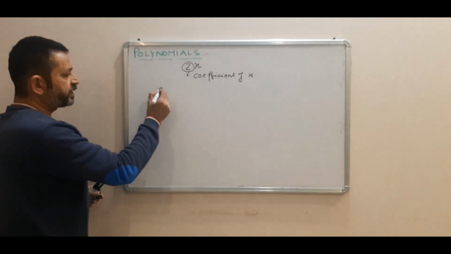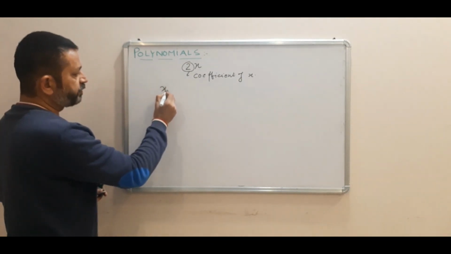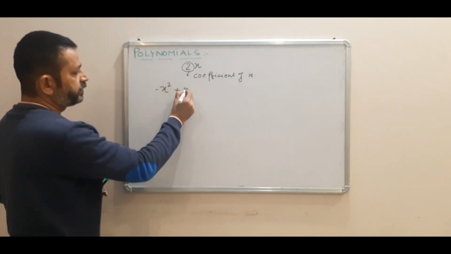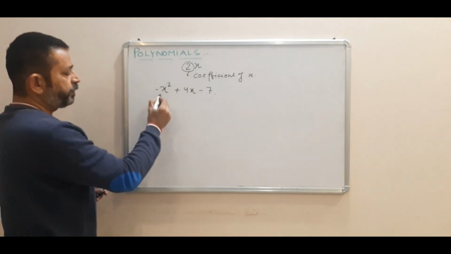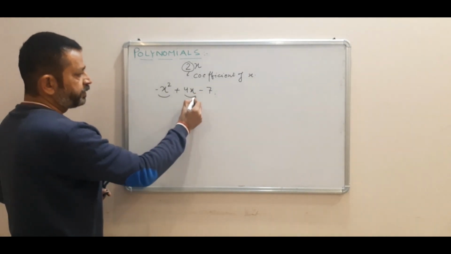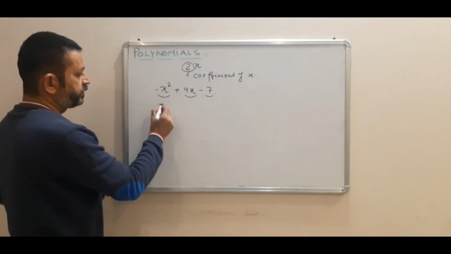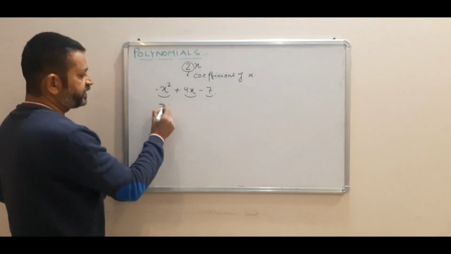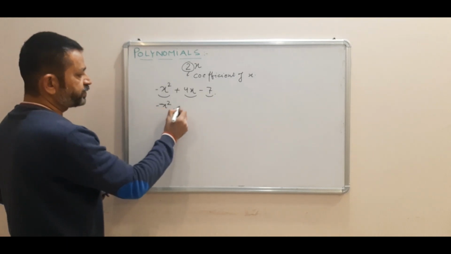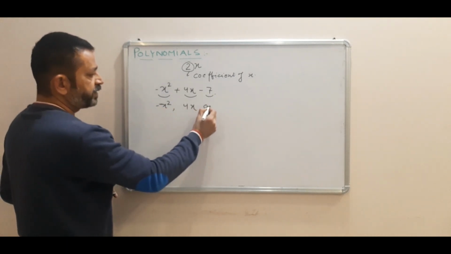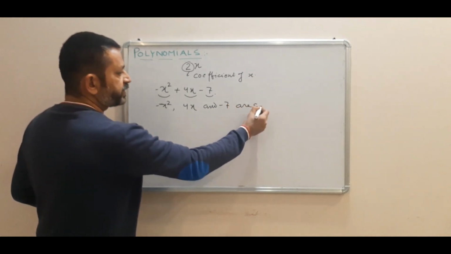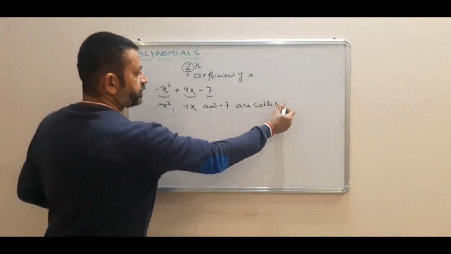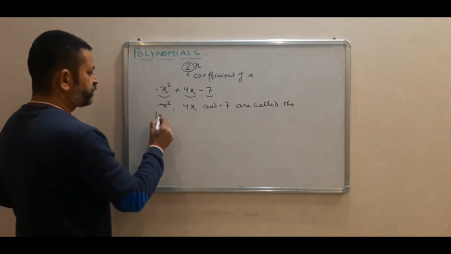Now we'll take one example of a polynomial. In this polynomial, these expressions minus x square, 4x and minus 7, these are called the terms of the polynomial.